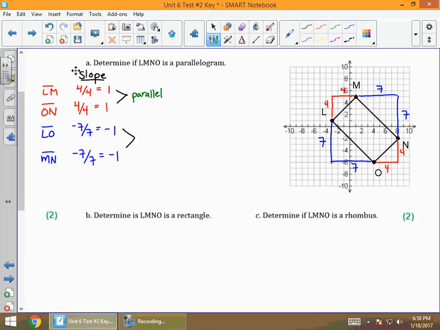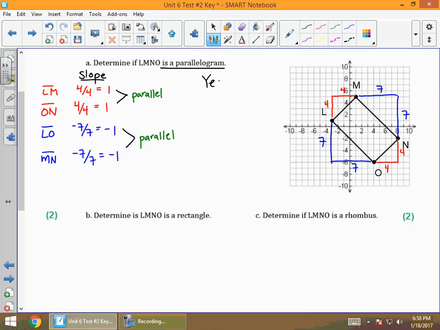Opposite sides, that's what I'm looking for. Negative 1 and negative 1, they are the same. That means these two are parallel as well. So, unlike on page 1, here I have two pairs of opposite sides that are parallel. So the question, is this a parallelogram?